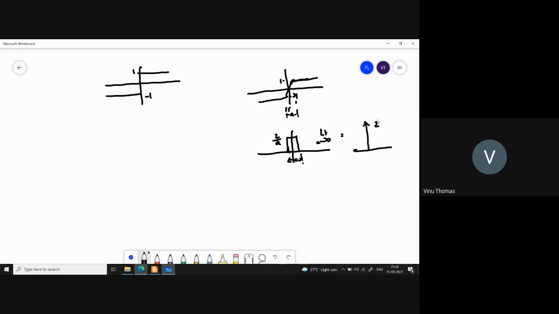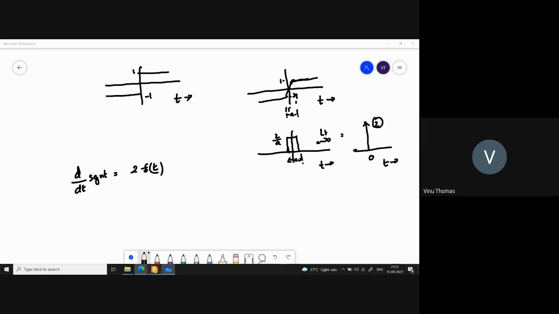The height is 2, this is 0, and this is the variable t. So you have d by dt of signum of t is equal to 2 delta t.